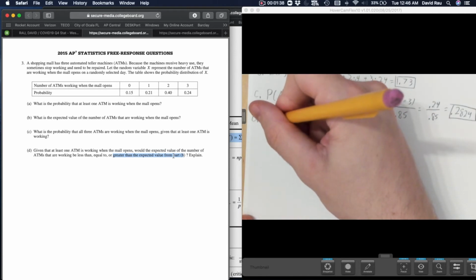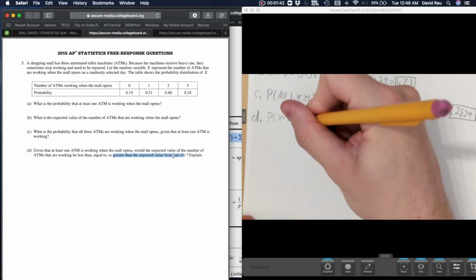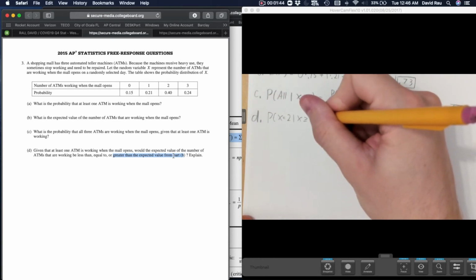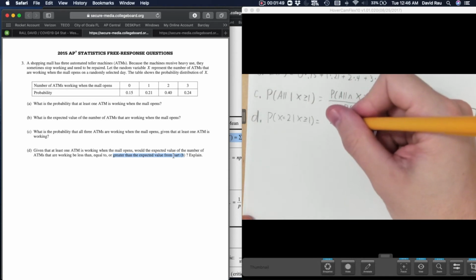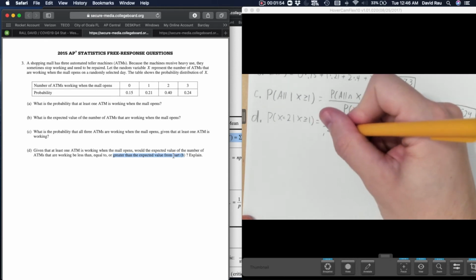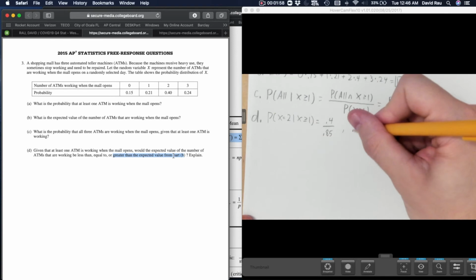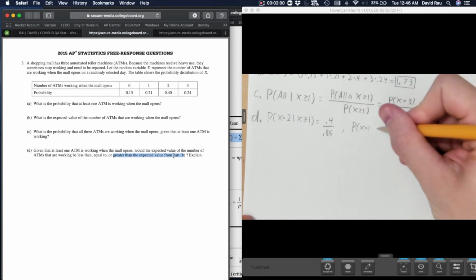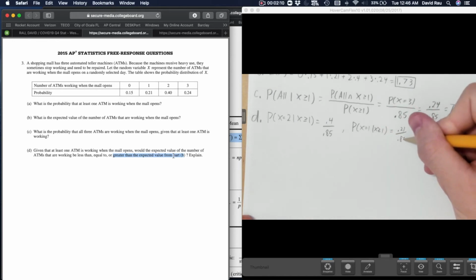But here's what I'm going to do. I'm going to say probability of x equals 2, given that x is greater than or equal to 1. That's equal to, and I'm going to skip the work here because you can see that I've pretty much laid out all the work from before. And the probability that x is 1, given that x is greater than or equal to 1, well, again, it's going to be 0.21 divided by 0.85.